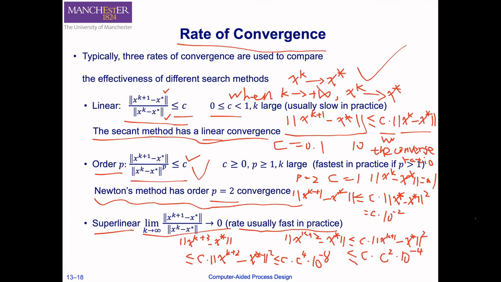Finally, we also defined three rates of convergence, including linear, order p, and superlinear convergence. As we mentioned, Newton's method has a quadratic convergence. The secant method has a linear convergence. That means Newton's method performs much faster than the secant method.